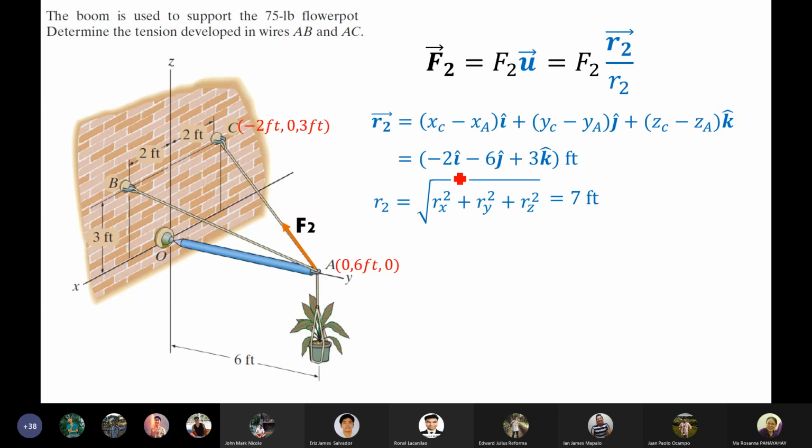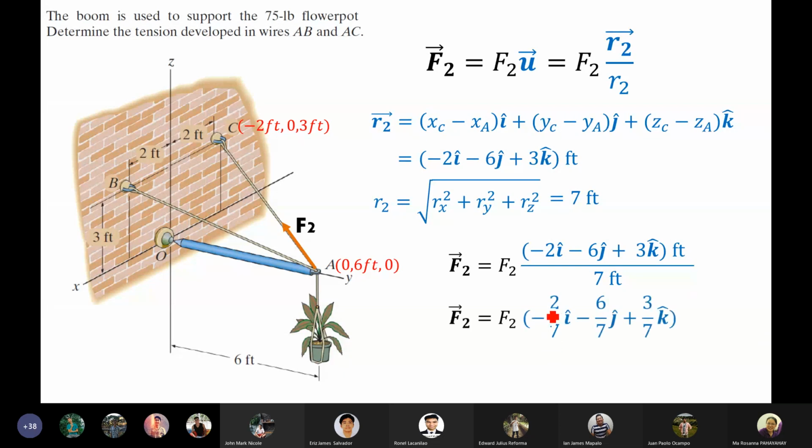So, if we will get now the unit vector, so that will be this one. We will divide this R to its magnitude. So that is negative 2 over 7 I hat minus 6 over 7 J hat plus 3 over 7 K hat. Then, we will distribute F2.